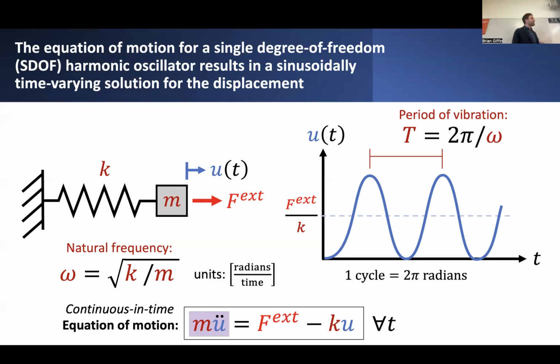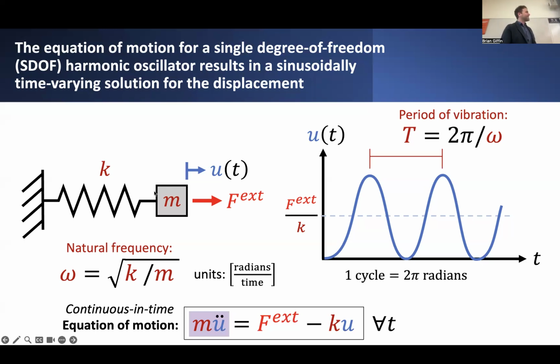So the natural frequency of vibration for, at least, this one-dimensional harmonic oscillator is commonly denoted by something that involves the stiffness of this spring divided by its mass, and then take the square root. And this gives you a measure of frequency.